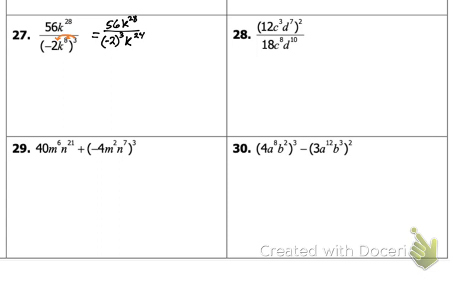All right, so I have negative 2 times negative 2, which is a positive 4. What's positive 4 times a negative 2? Do we agree with negative 8? Yes. Okay, so that should be a negative 8. So we should have 56k to the 28th over, we said negative 8k to the 24th.